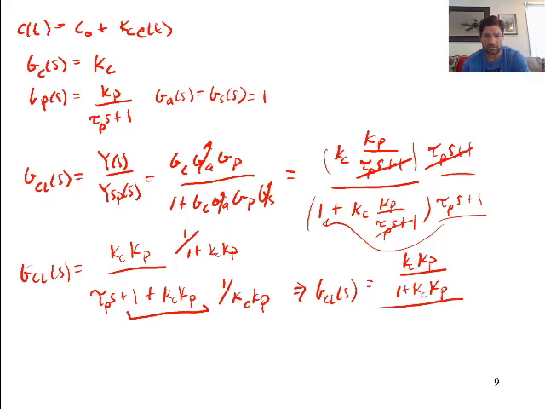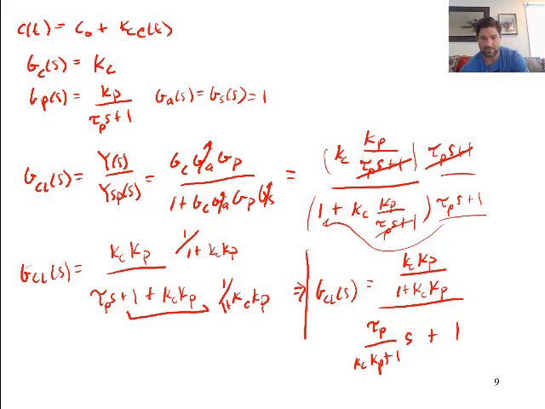And then on the bottom, we have Kc Kp tau p over 1 plus Kc Kp, times s, plus 1.